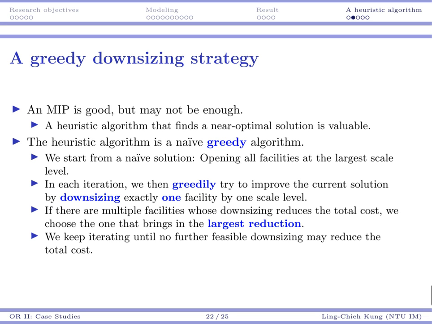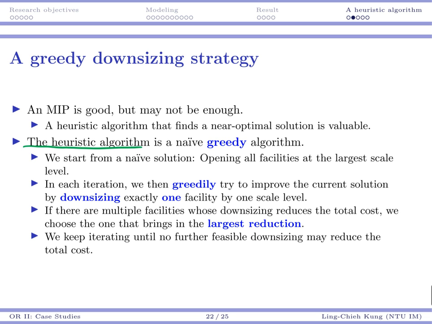So here we're going to, just as an example, show you one heuristic algorithm that makes sense. I need to tell you that the true heuristic algorithm that we developed and delivered to the company is more complicated than the one that I'm going to show you. But this one is good enough for us to illustrate the idea for teaching purpose.